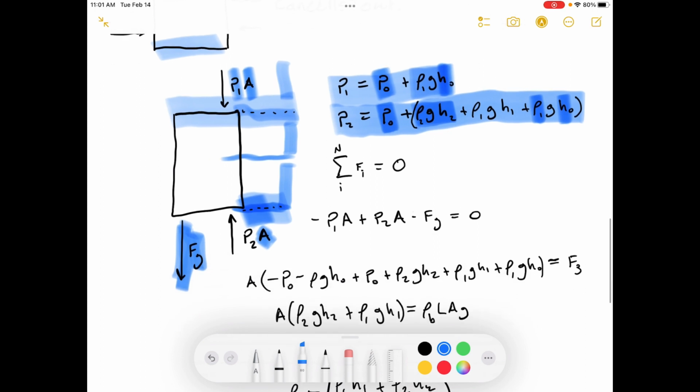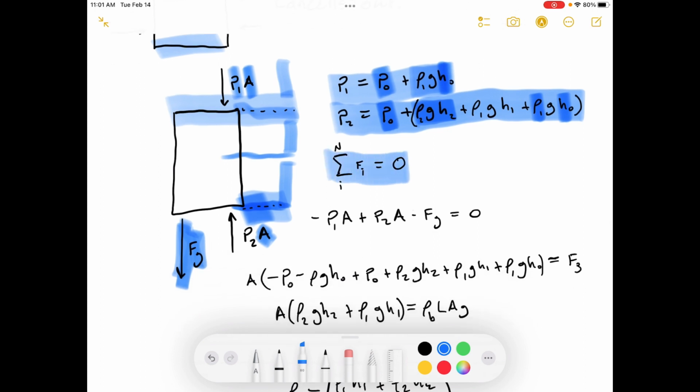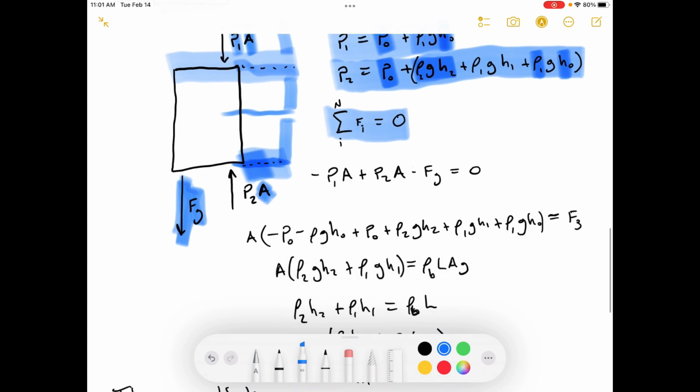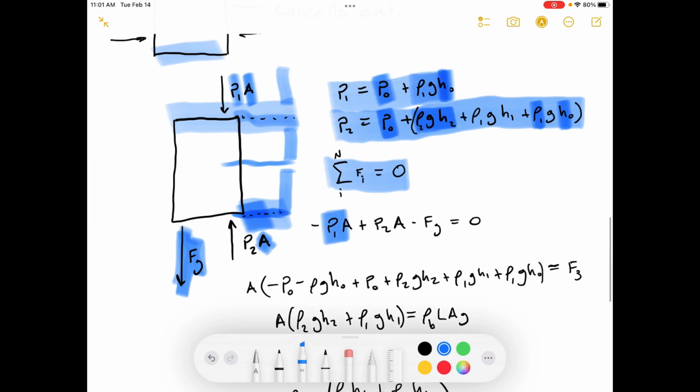Then we have the same thing where all of these forces should sum to 0 because the block is not moving, it's stationary. P1 is negative. You can see it's pushing down on the block from the top. P2 is positive because it's pushing up on the block. And then the weight force is also negative, pulling the block down.